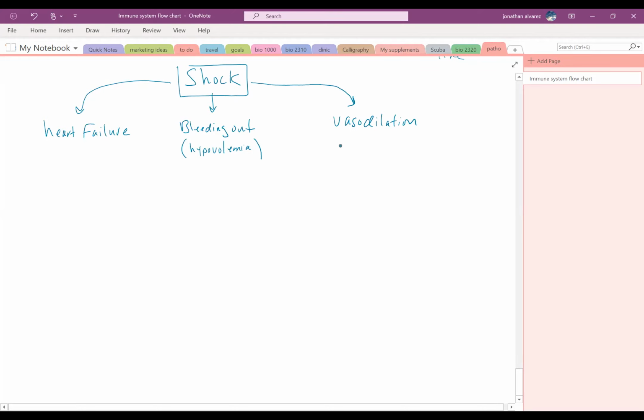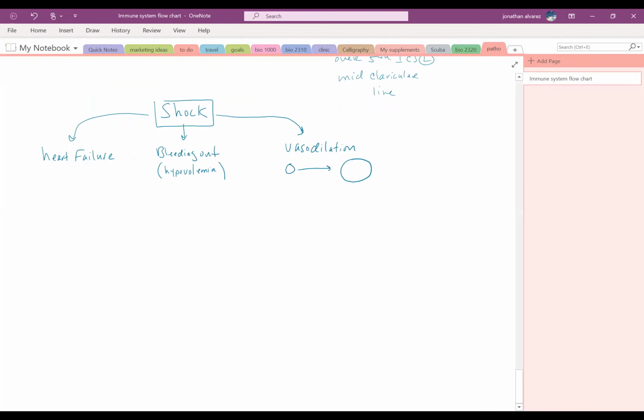So that's where the tubes, your blood vessels, go from, let's say, that big to the diameter increases. Okay, so vasodilation.